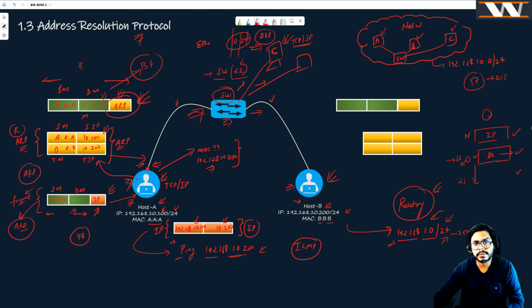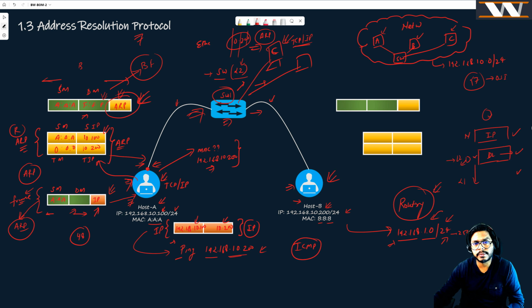Now it is the responsibility of host B to generate a reply message so that host A can complete this packet. How is it going to generate it? Just try to think, right? This ARP reply message is going to be generated by this host here. Again, the fields are going to be the same: sender MAC, sender IP, target MAC, target IP.